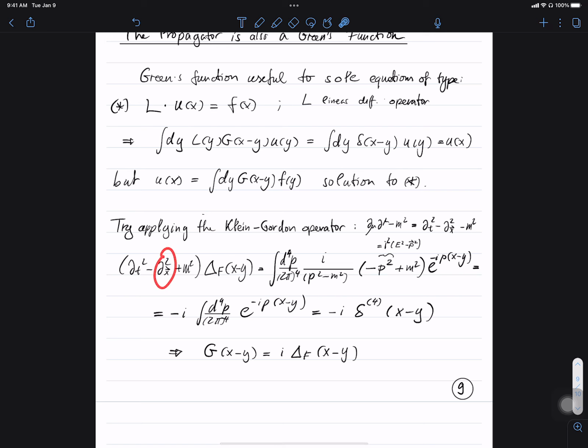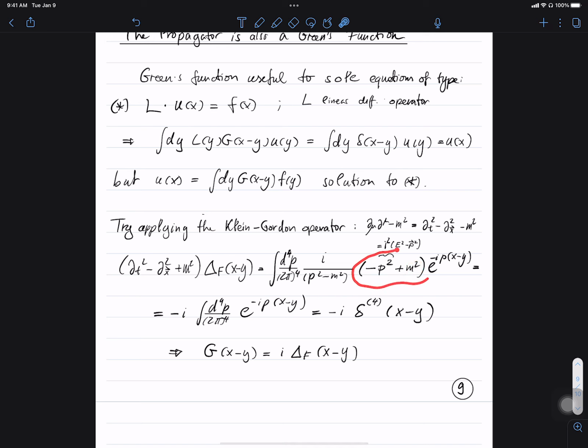Then the spatial derivatives give us the dot product of p squared. Every time an i comes down, we get i squared, so we get the negative sign here. So this is actually minus p squared, where p is the dummy four-momentum that we integrate over. And the m squared is just a constant, so it's multiplying the thing here.